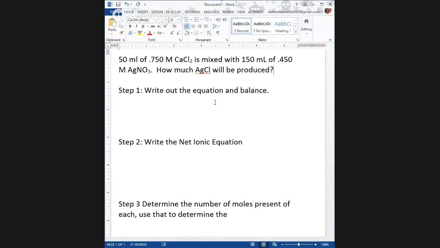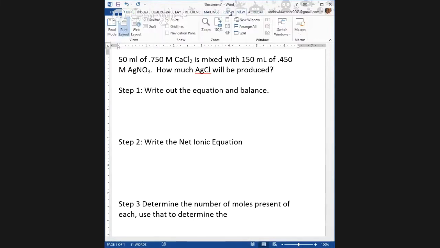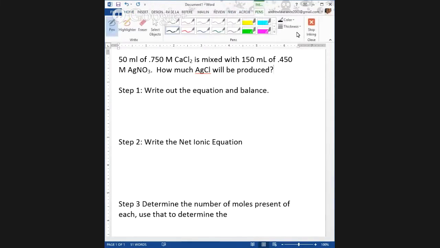So, step one, and what we always need to start with, is our equation to see what reaction is taking place and how we'll actually proceed from there. According to the question, we have calcium chloride, CaCl2, plus silver nitrate.